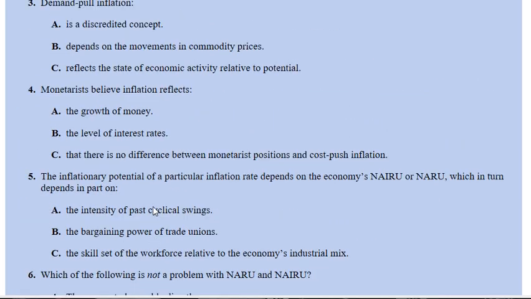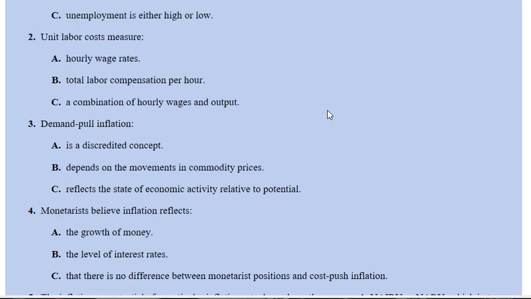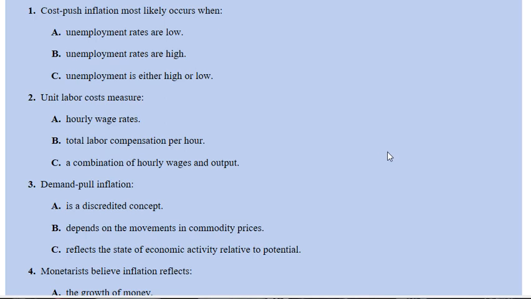So that's an interesting one. Is it commodity prices? No, that doesn't make sense because commodity prices are an input. That sounds more like a cost push. A discredited concept? Well, no, I wouldn't say that demand pull inflation is discredited. So I may not be 100% sure about C, but probably that is correct. It reflects the state of economic activity relative to potential.